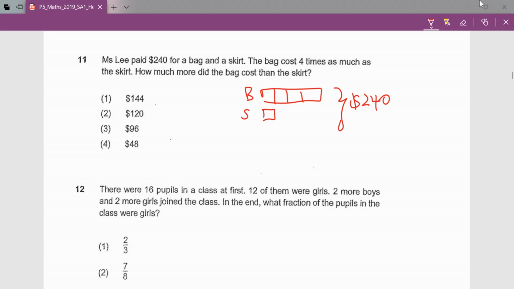So this 240 is for how many units? 5 units, and they're asking how much more did the bag cost than the skirt, which is just the 3 units. So you just have to use 240 divided by 5 times 3, and it shall give you $144, which is option 1.